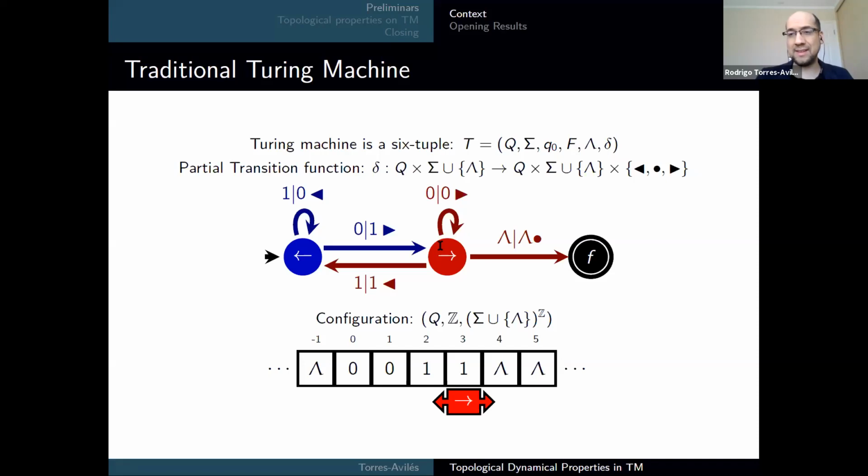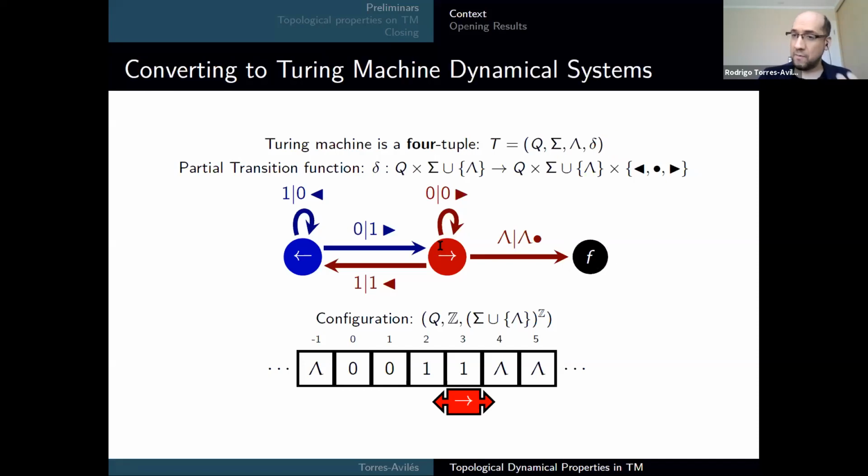We are not interested in some of the details of general Turing machines when we study them as a dynamical system. In particular, we are not interested in initial or final states because we do not want to start at some special point or halt at some special point.